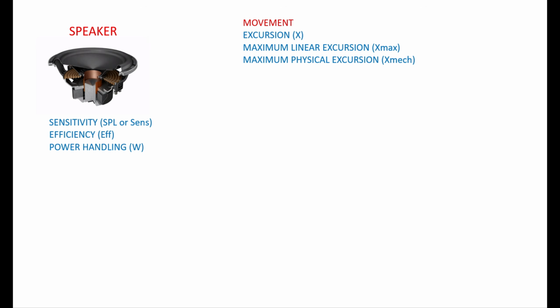Efficiency is how well it turns power into sound energy, and power handling, in watts, is about how much power or heat the speaker can handle. The other measurements related to the speaker include movement or excursion, so the amount of up and down movement that a speaker can make and what those limits are, including Xmax.